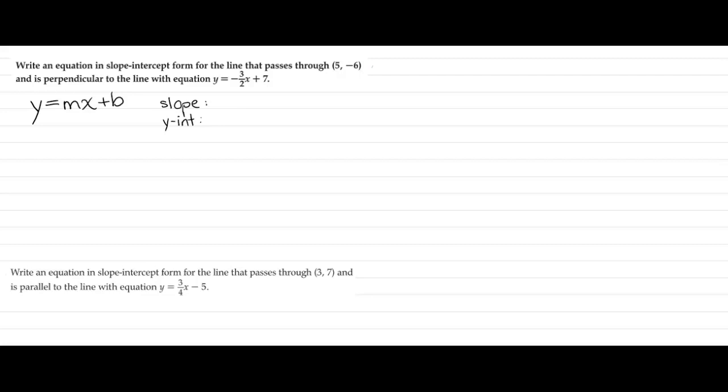But let's think about the ingredients we have. We have a point, and we know we want it to be perpendicular to this line, and we can tell what the slope of this line is. So we really kind of have a point and a slope. So let's start with that recipe instead.